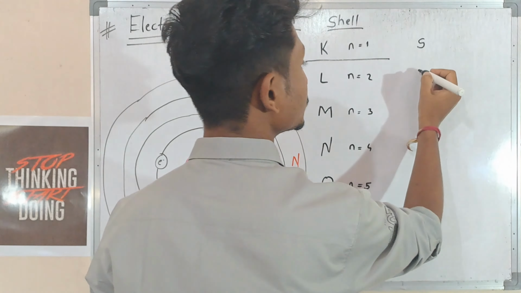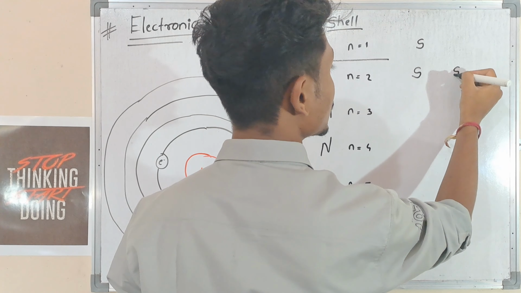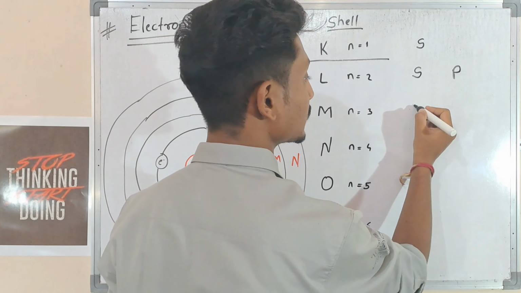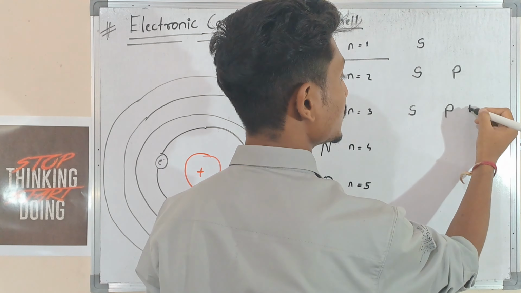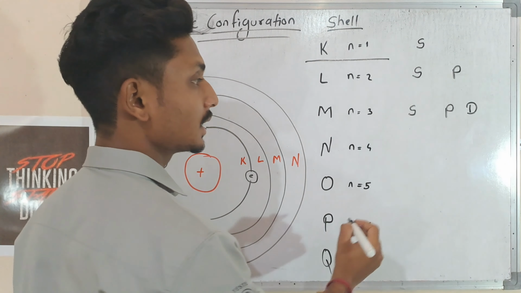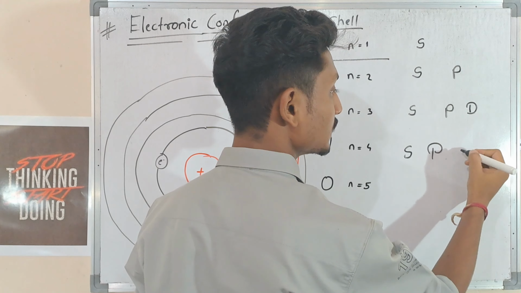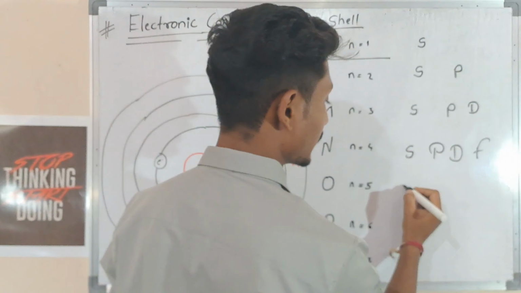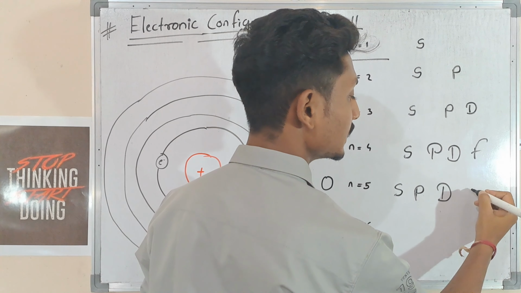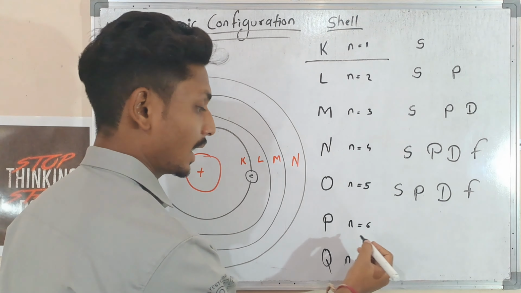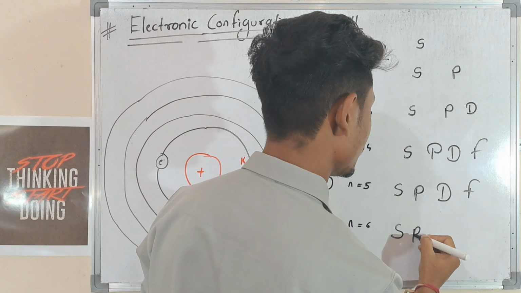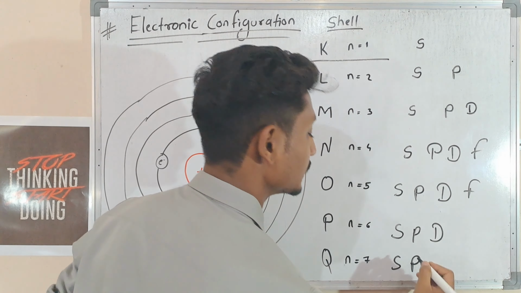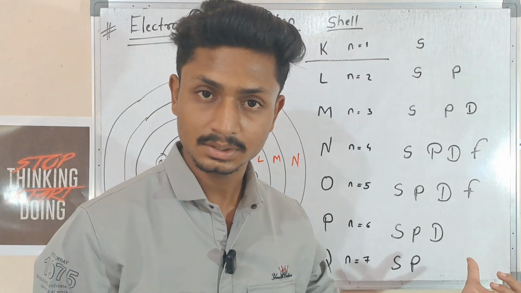L shell contains only two subshells, S and P. M contains S, P, D. N contains S, P, D, F. O contains S, P, D, F. And P contains S, P, D and Q contains S, P. These are subshells.